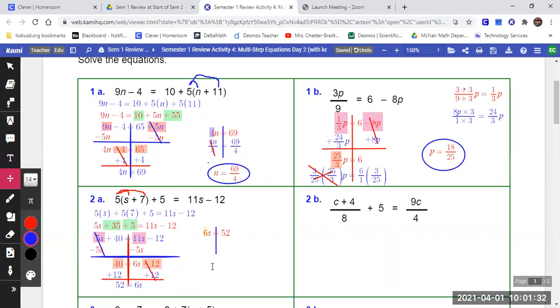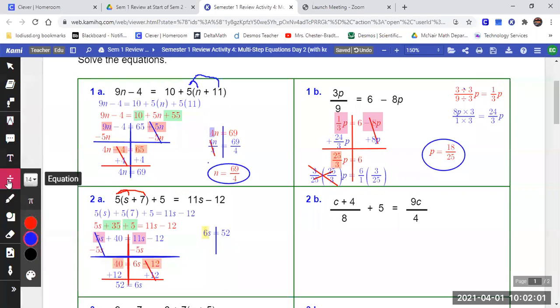So what are we going to have to do to find the final answer then? I have to undo a multiply. I'm going to have to divide both sides by 6, exactly.